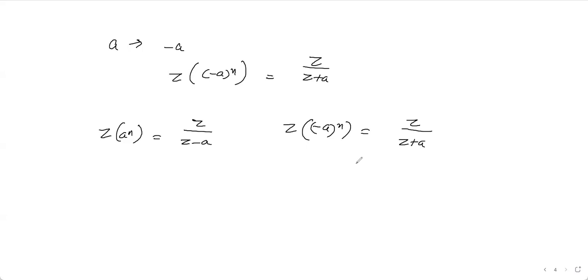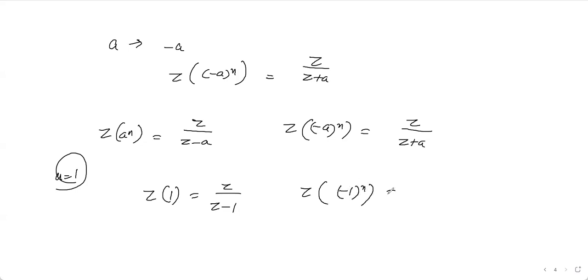Now let us move further by substituting the value of a here as 1. Let us take a as 1. So Z of 1 to the power of n is z by z minus 1, and Z of minus 1 to the power of n is z by z plus 1.